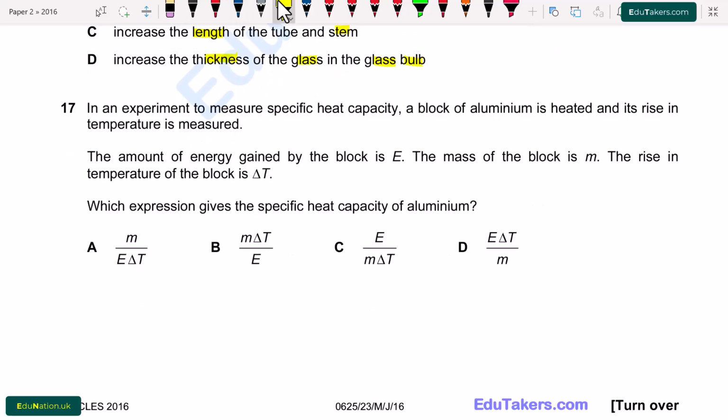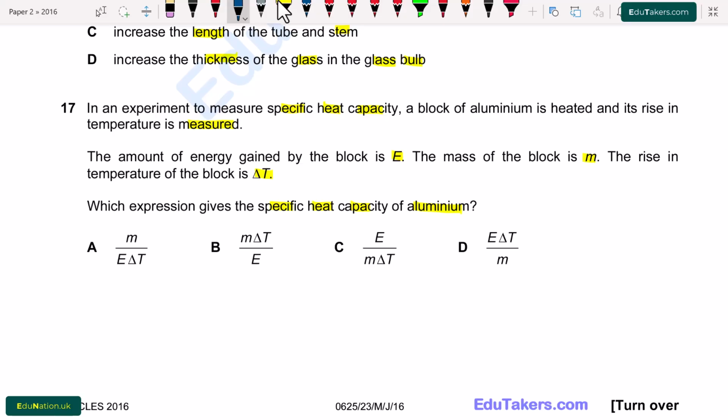Question number 17. In an experiment to measure the specific heat capacity, a block of aluminium is heated and its rise in temperature is measured. The amount of energy gained by the block is E, the mass of the block is m, the rising temperature of the block is delta T. Which expression gives the specific heat capacity of the aluminium? So here we have to write the expression for calculation of the specific heat capacity.